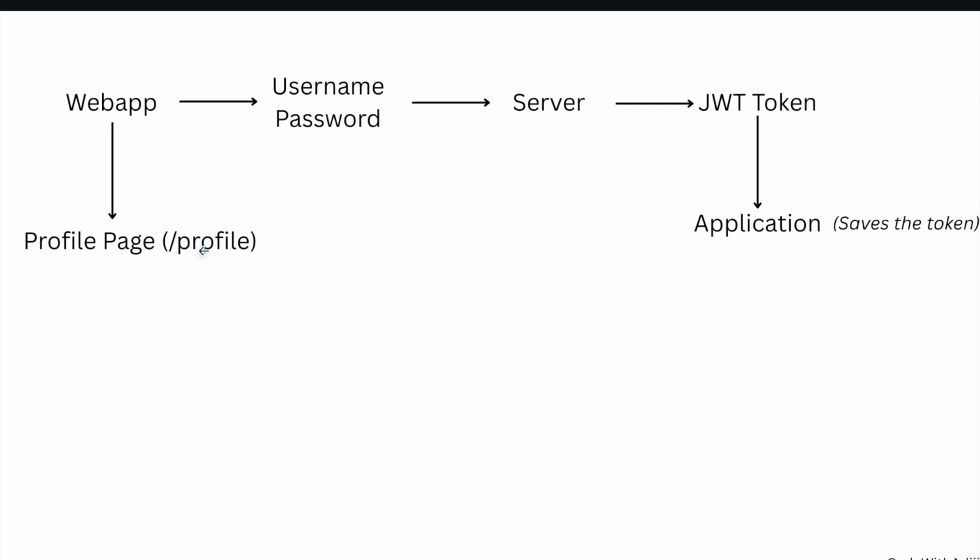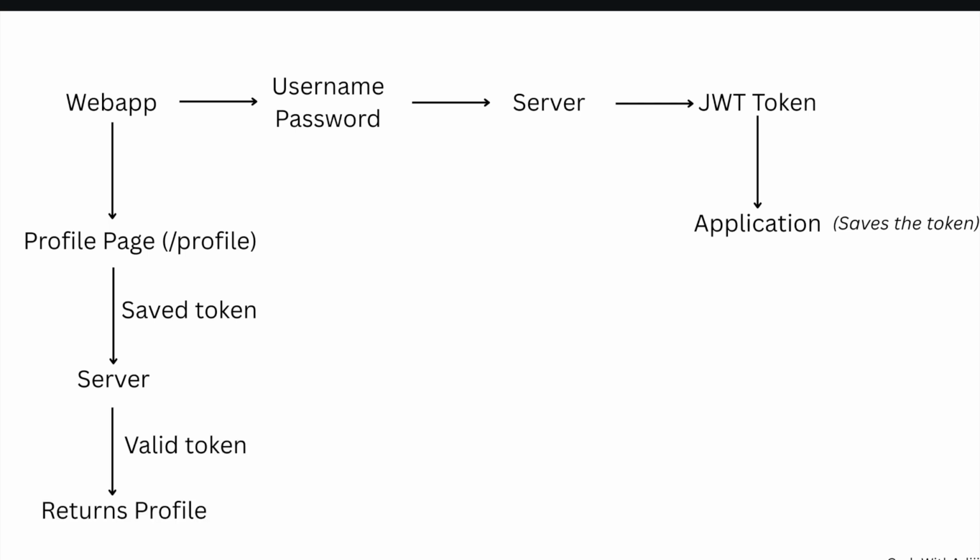Now instead of sending your username and password again, the application simply sends the JWT token to the server. The server verifies the token, and if it is valid, it returns your profile. The same happens for your cart, orders, settings, or any other protected API. So after login, the token becomes your identity for your further requests.